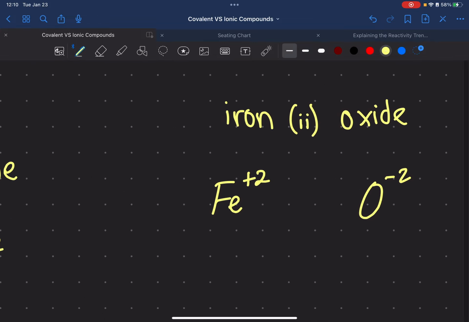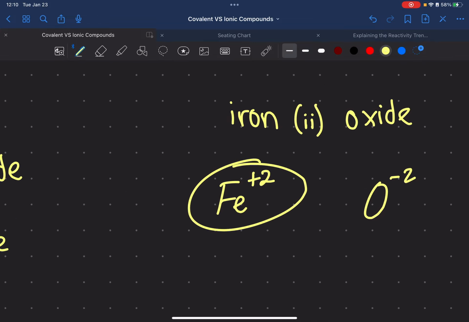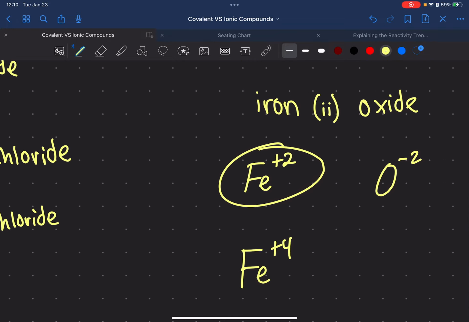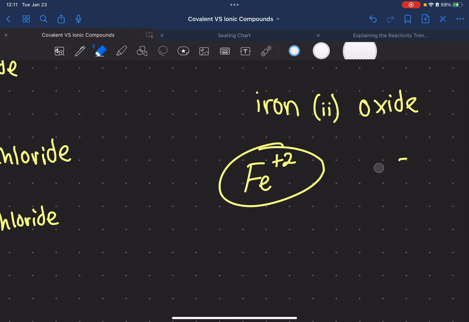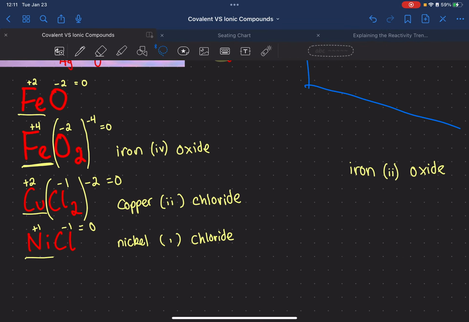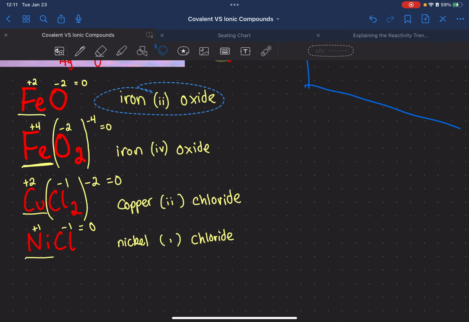And then those oxygens would go away, but my iron would still have this +2 charge, and it's going to do different chemistry depending on whether it's Fe2+ or Fe4+ or Fe1+. So it does matter if I'm looking at the compound and I want to do chemistry with the compound. It matters what that charge is, and that's why the emphasis is put there. That's how we identify the compound, by the charge of the cation.